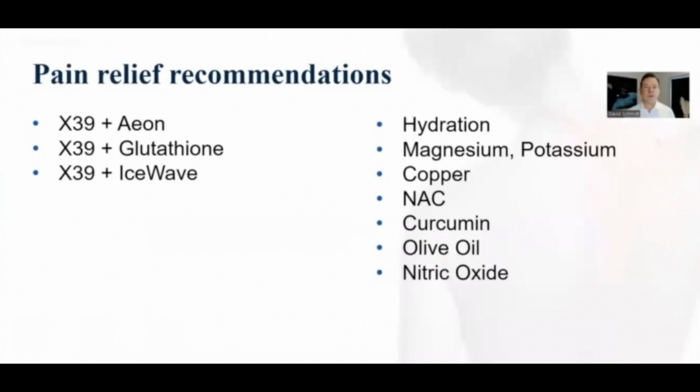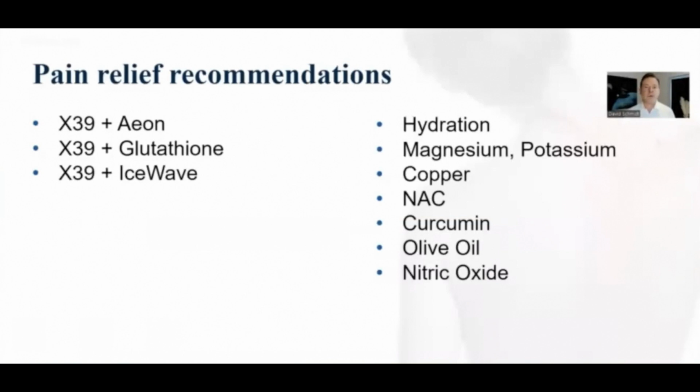NAC is N-acetylcysteine. It's an amino acid, and it is a precursor to glutathione, as well as other things. So if you are a vegan or a vegetarian, you may not be getting enough NAC. I'd recommend you take that to support your glutathione levels.